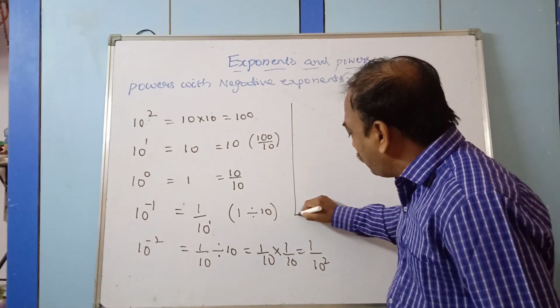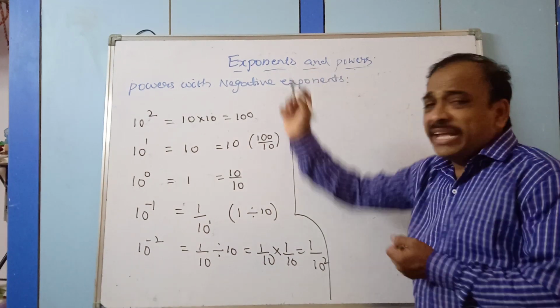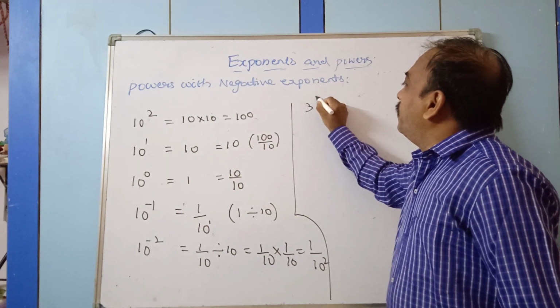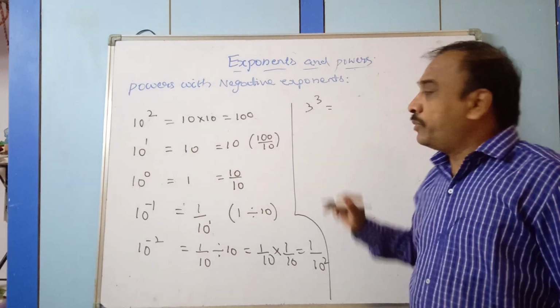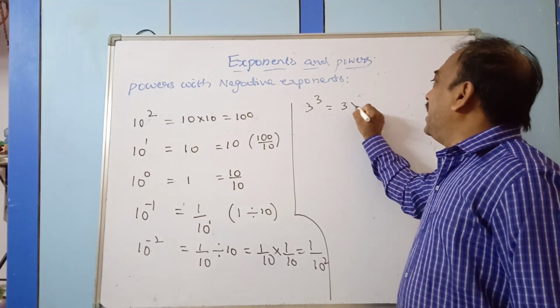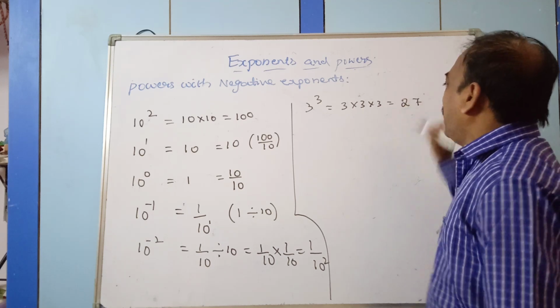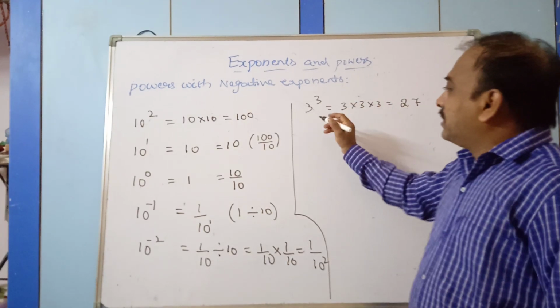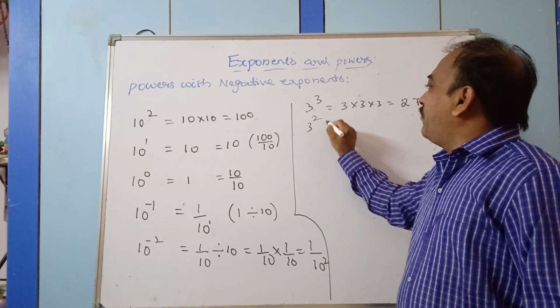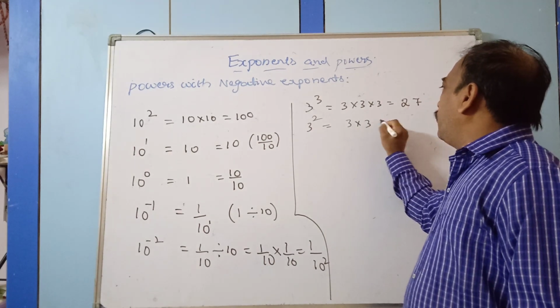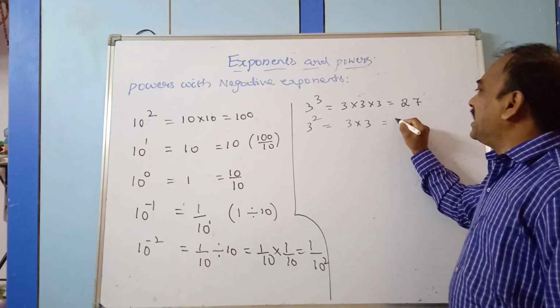Now observe one more example. Here if you take 3 cube, what is this? 3 cube means 3 into 3 into 3, which is equal to 27. Now 3 square, 3 into 3, what is the value? It is 9.